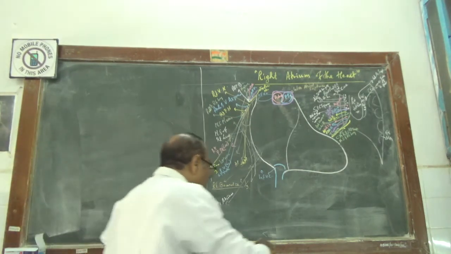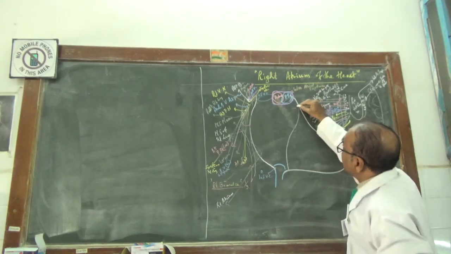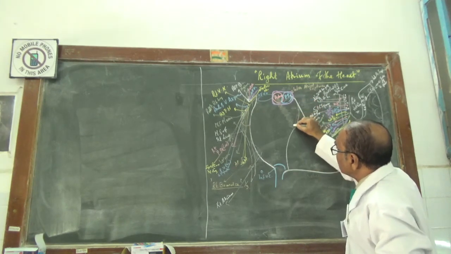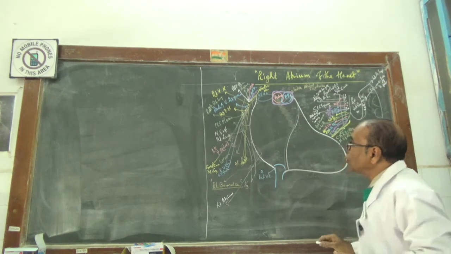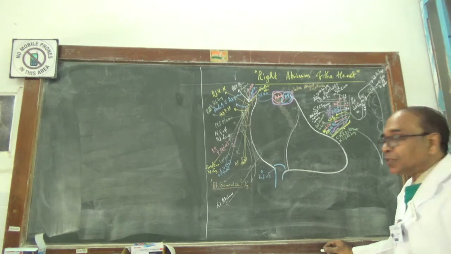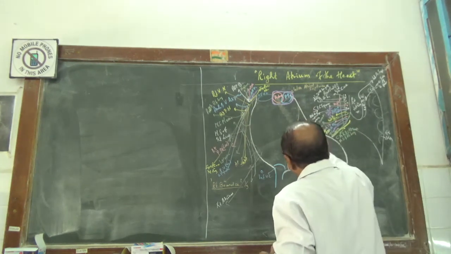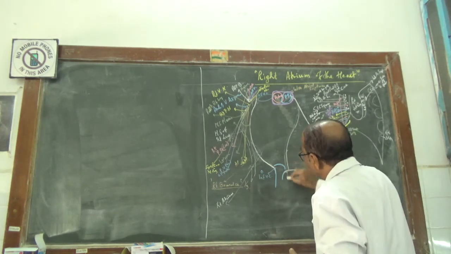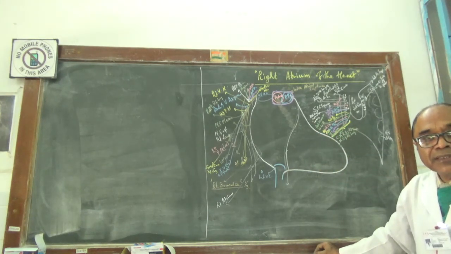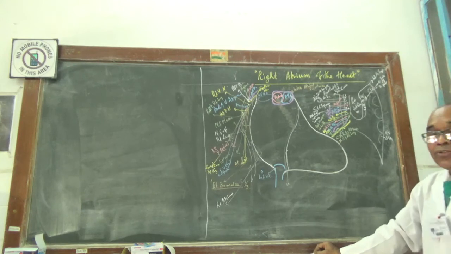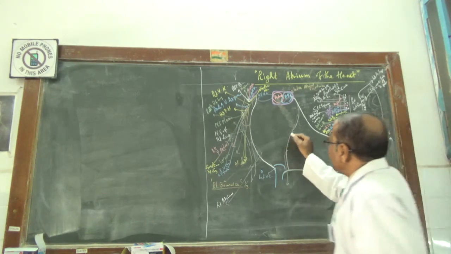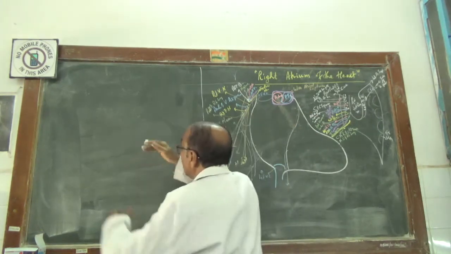In order to see the internal, you have to cut very close to the right of the anterior atrioventricular groove, or coronary sulcus, and then reflect it.